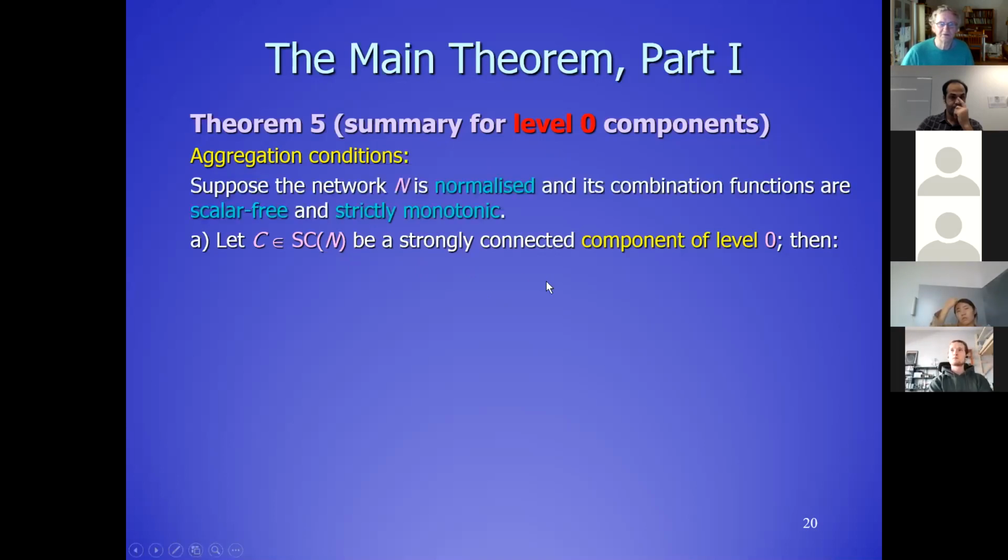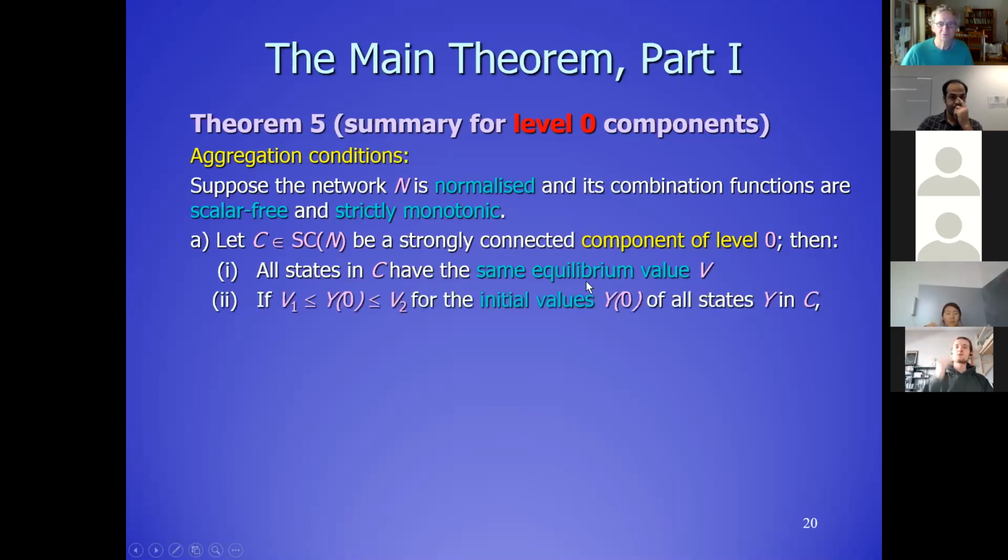So then the aggregation conditions are the same as yesterday. About the combination functions, like the scaled sum satisfies these conditions. And now all states have the same equilibrium value, like we had yesterday.